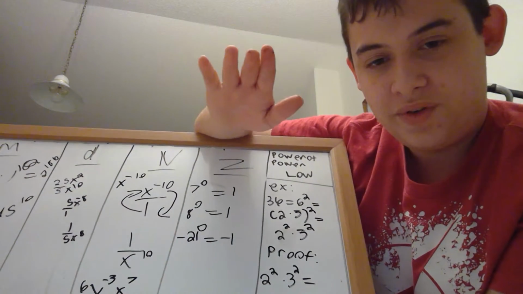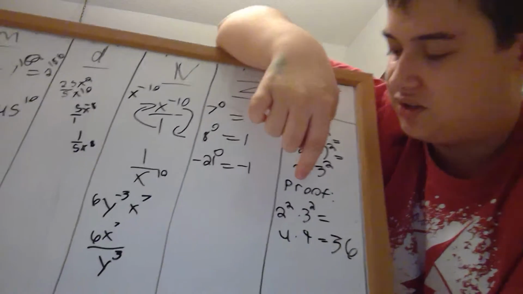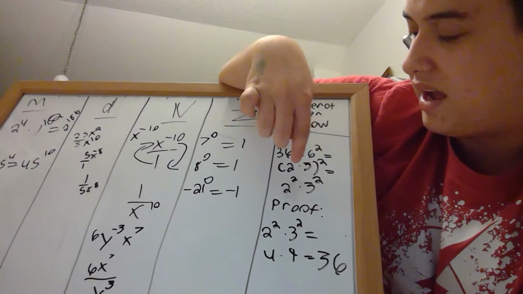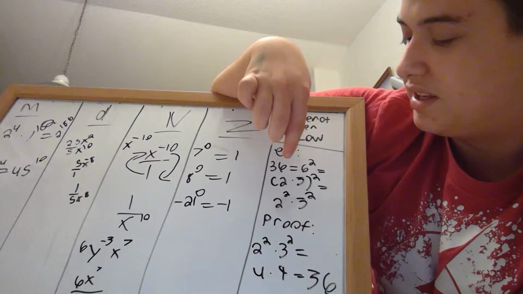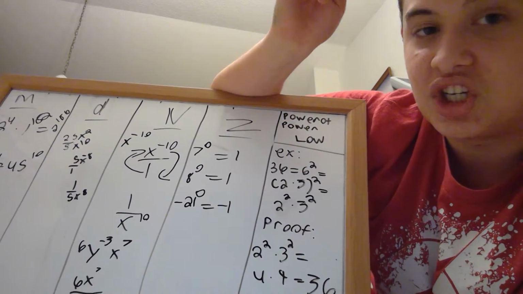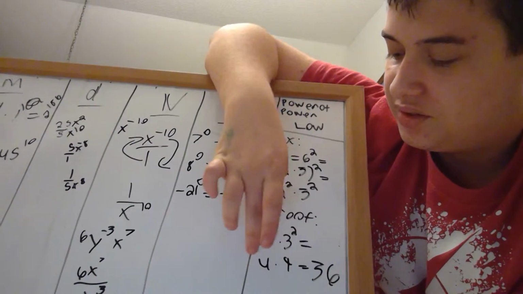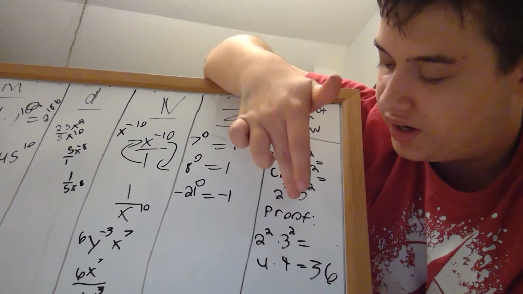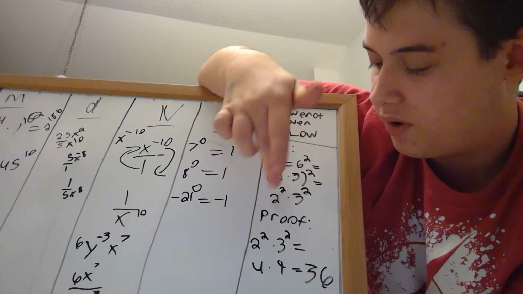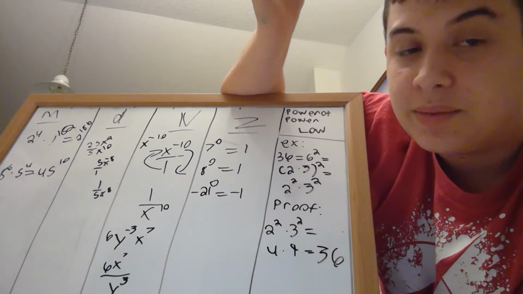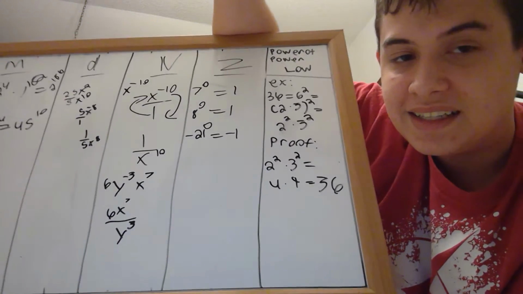Now, proof that this works is you square both of these after you've decided that I want to put squares on both of these and remove the parentheses because that's what you do. Then you square both of these and you get the numbers 4 and 9. When you square 2, you get 4, and when you square 3, you get 9. And then what do you get when you times 4 times 9? You get 36. And that's our answer.